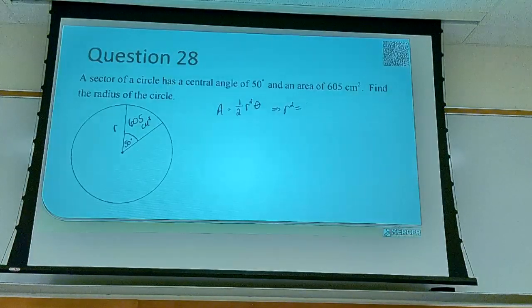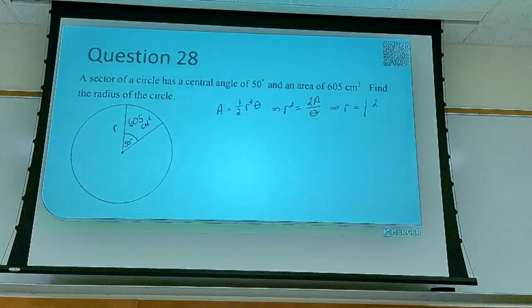This would make r squared 2a over theta, because remember we want to solve for the radius. And so what's r? r equals the square root of 2a over theta.